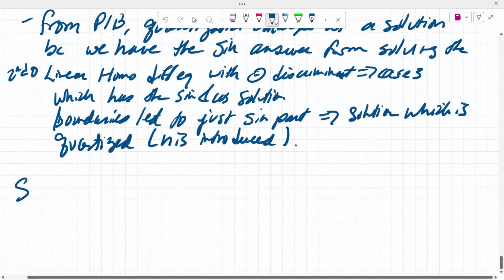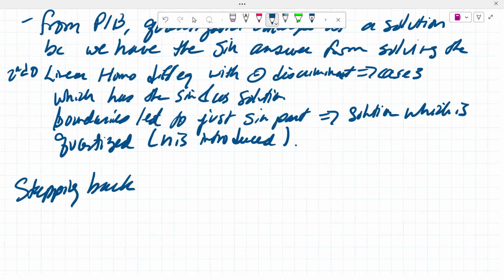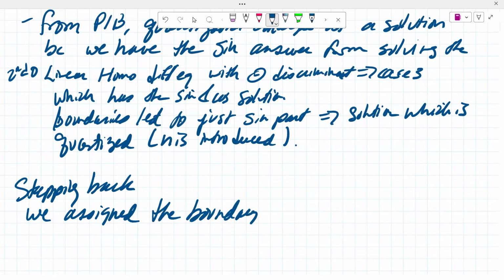Stepping back for a minute, we realize we assigned the boundary coordinate and found that a equals 0.